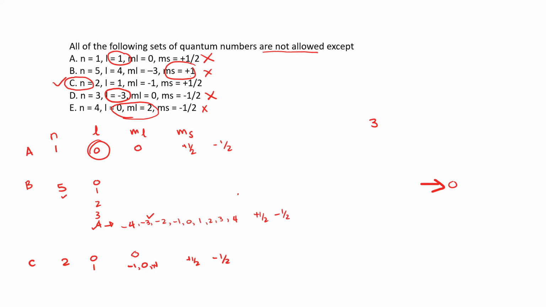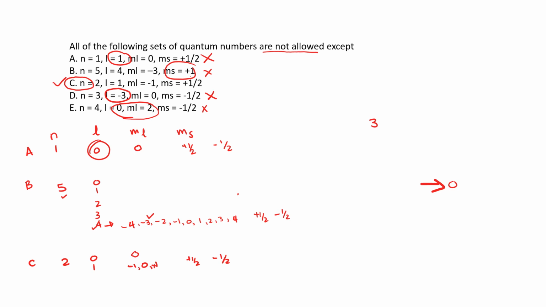And when it's n equals 2, you can have only two l values, 0 and 1. So here it says l equals 1. With l equals 1, it can have ml of minus 1, 0, plus 1. It is good. And ms is plus half. Yes, that's right, and this is correct.